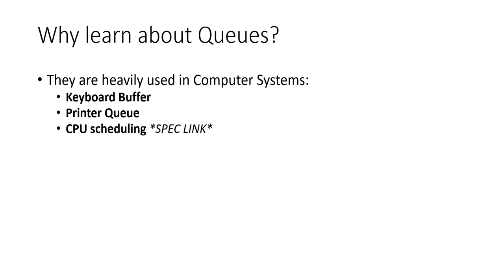CPU scheduling. So this links up to the fetch execute cycle and interrupts. We've got lots of processes executing on a computer, lots of tasks that need the CPU's attention.